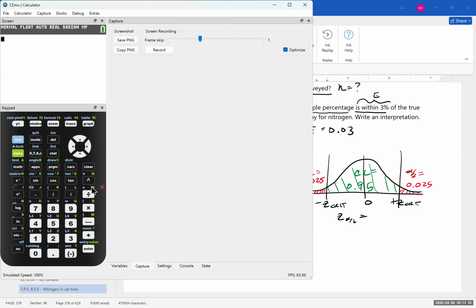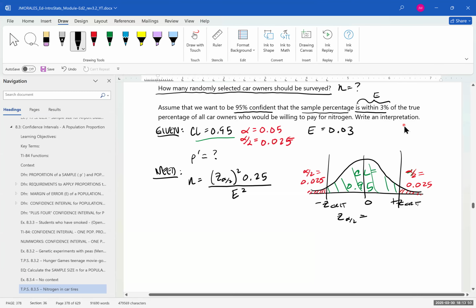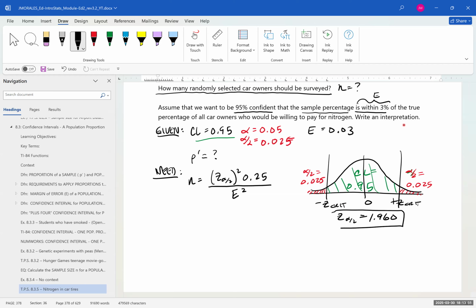All right, let me clear this out and go to inverse norm because we're converting an area into a number line value, a critical value. Okay, 1.960. I'll go ahead and save that into variable z.